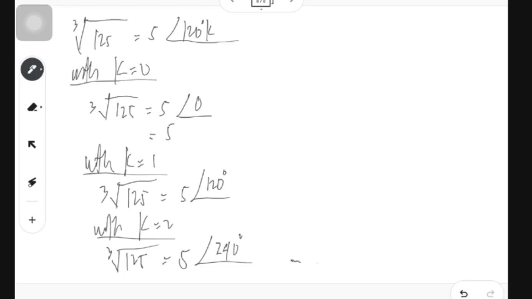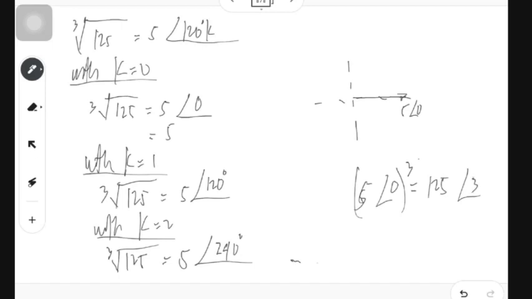Let's check. If we're going to reverse the process, 5 bar angle of 0. Pagka nilocate natin yan, andito yan. Now, if we're going to raise this to the third power, the result is what? 5 bar angle of 0 to the third power is 125, and 0 times 3 is 0.